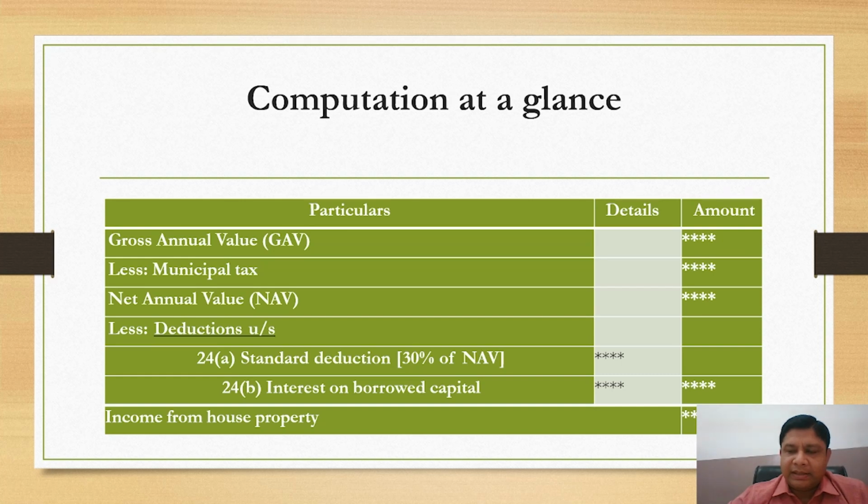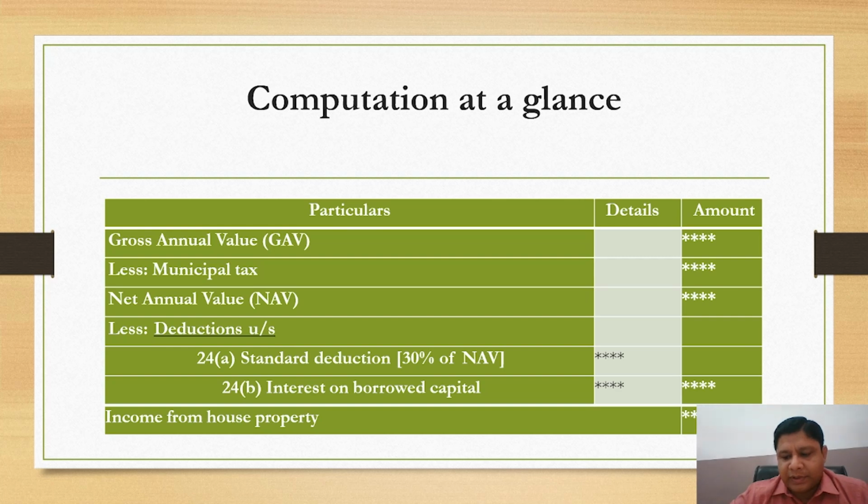Then at the end, we will get income from house property. So basically, for calculating the income from house property, we must know about the gross annual value, the net annual value, and the deductions. Then only we can find out the income from house property, which is to be taxable under the head income from house property.